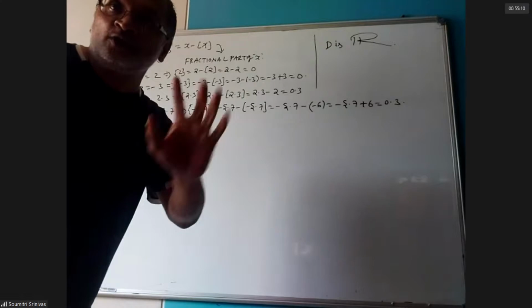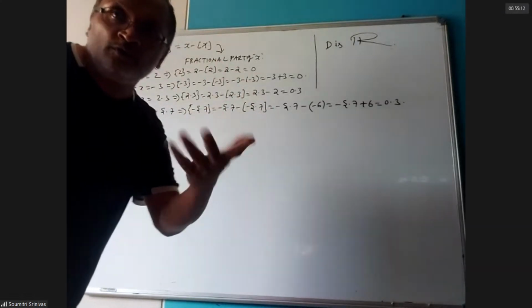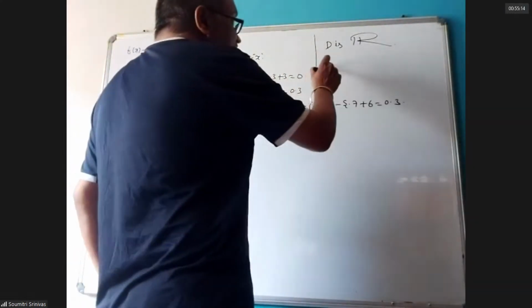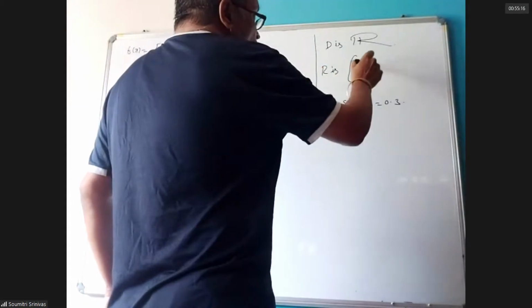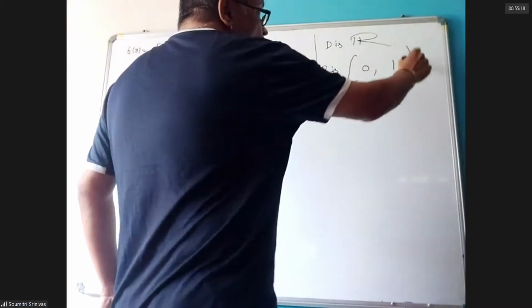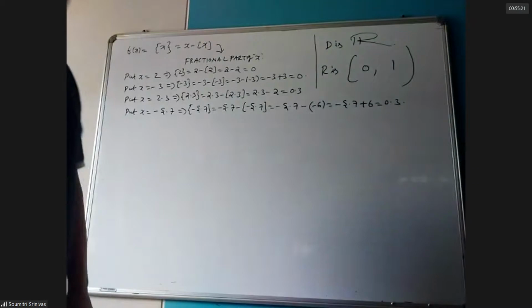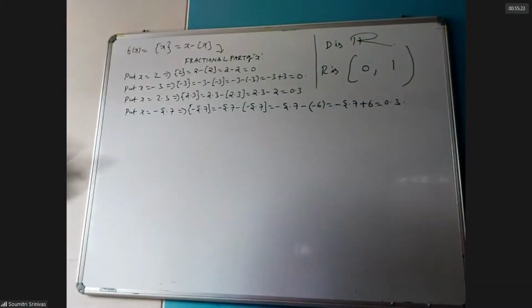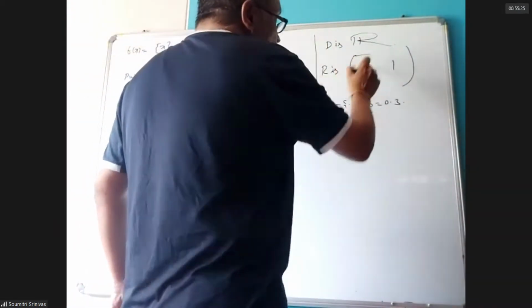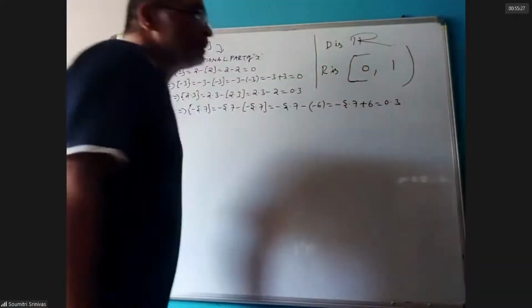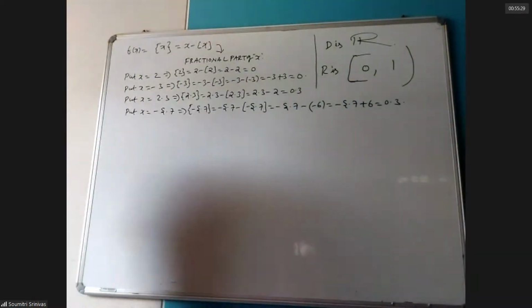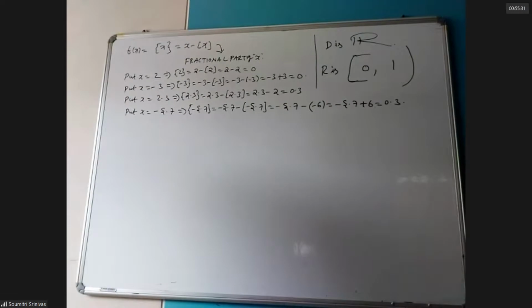Is 1 included? No. So the range is closed 0, open 1. 0 included, 1 not included. We'll come across this later.